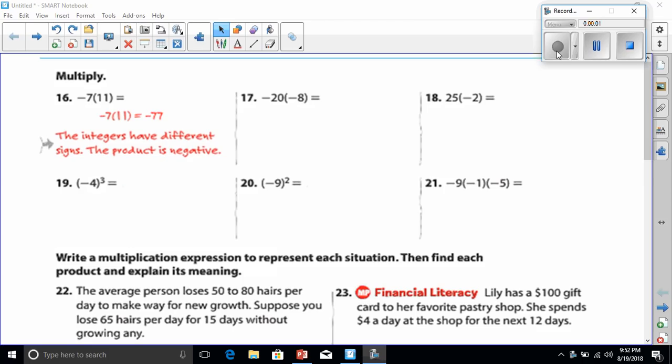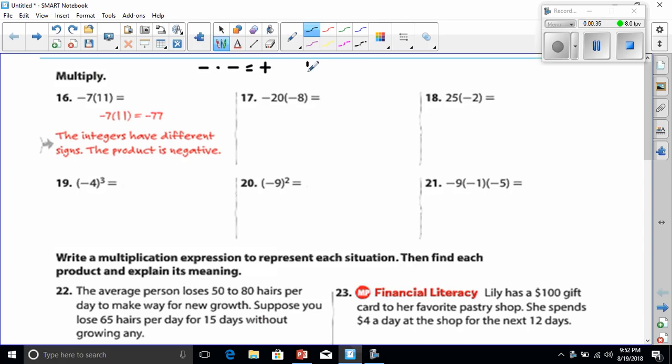Good evening. Let's go ahead and work on our chapter for multiplying integers. As we see, number 16 has already been done for us in the book, and they're saying that when we take a negative number and multiply it to a positive number, it's going to make a negative number. So let's always remember that a negative times a negative equals a positive.